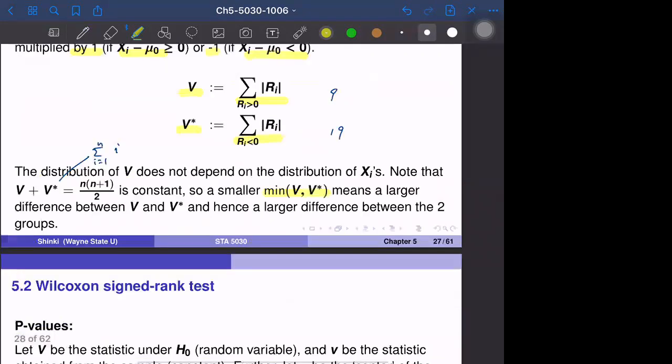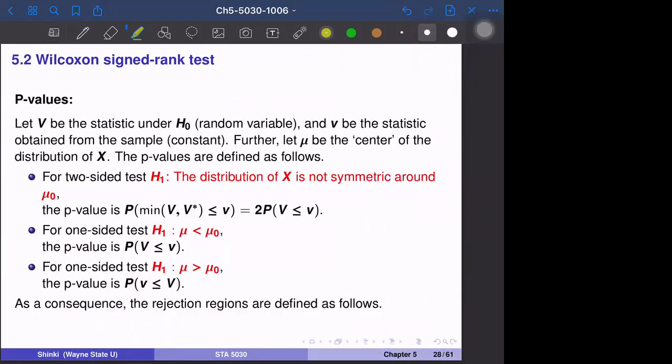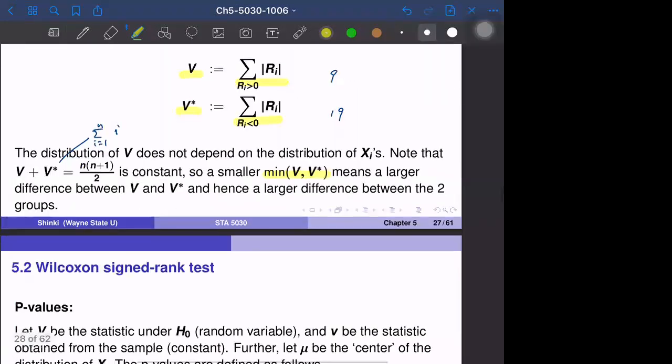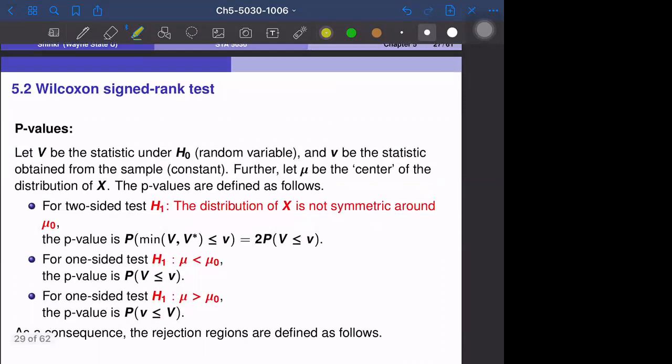And then how exactly do we define p-values? We discussed this. Let V be the statistic under H0, the sum of the ranks for the positive side, and suppose that we obtained the value v.